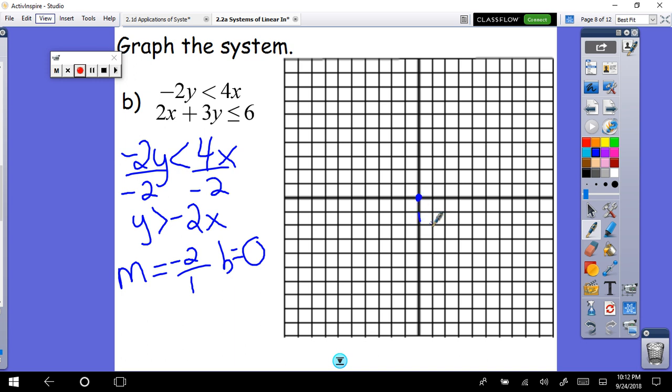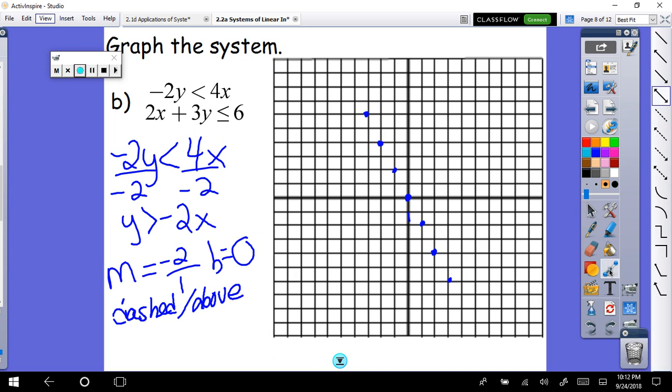So down 2 to the right one, down 2 to the right one, or up 2 to the left one, up 2 to the left one. So in the end, you want to make sure that your line is going downhill. This is just greater than, so our line is going to be dashed. And y is greater than that line, so we should be shading above.